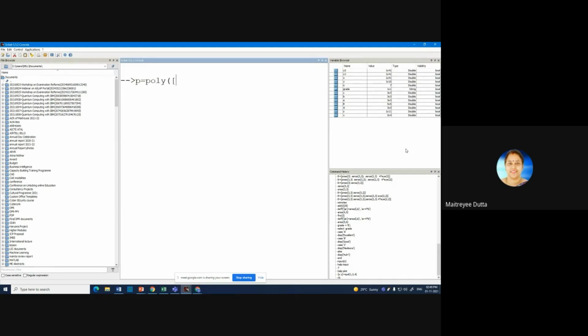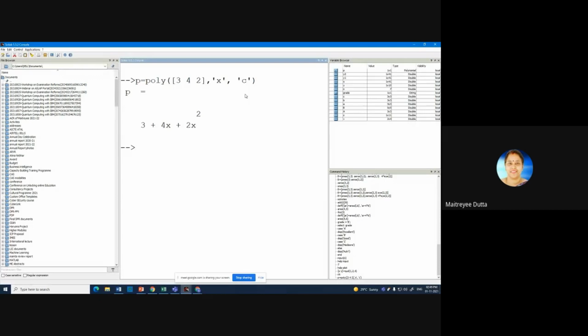Then within bracket we are writing 3, 4, 2, comma, then within quote x, because this is my variable, comma, then within quote C, that means these values, your 3, 4, 2, are my coefficients.